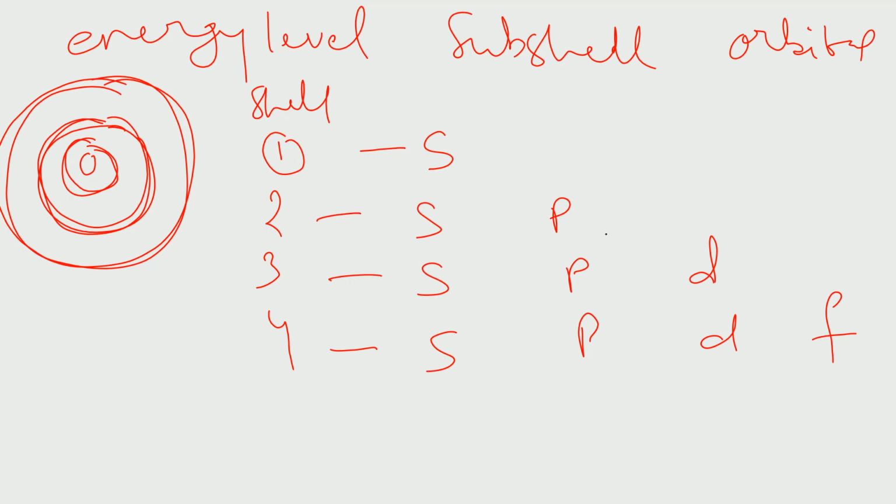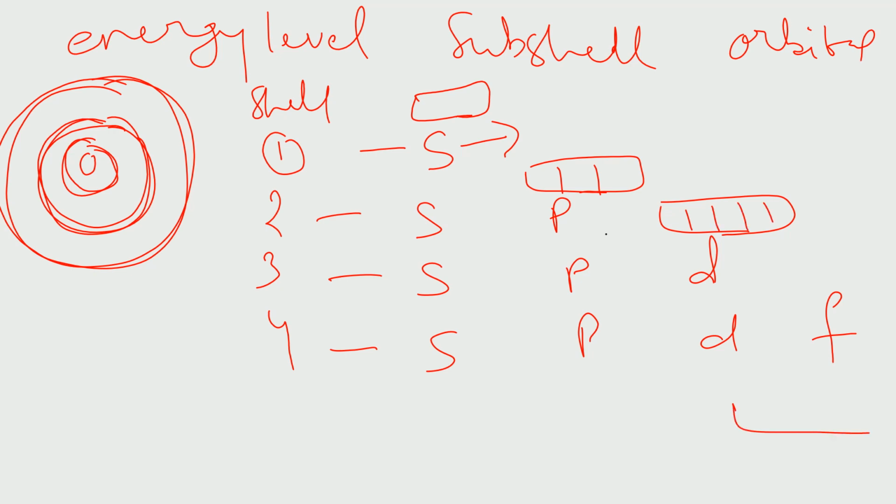Now these subshells have orbitals, where the probability of finding the electron is maximum. s has one orbital where you can find the electron. p has 3 orbitals, d has 5 orbitals, and f has 7 orbitals.